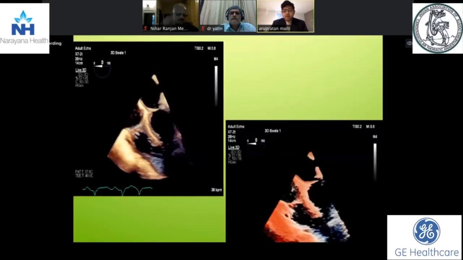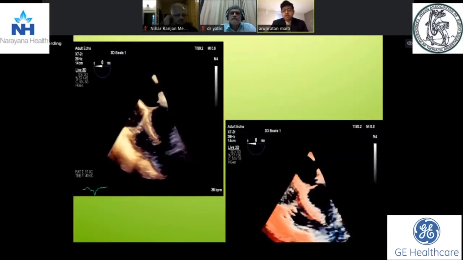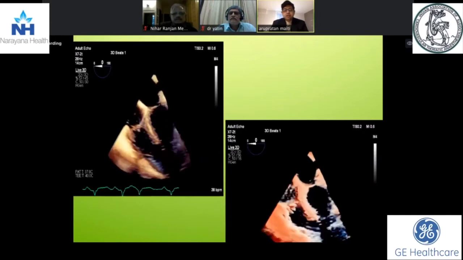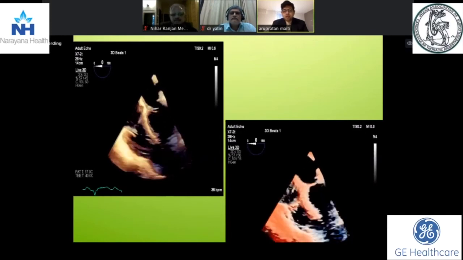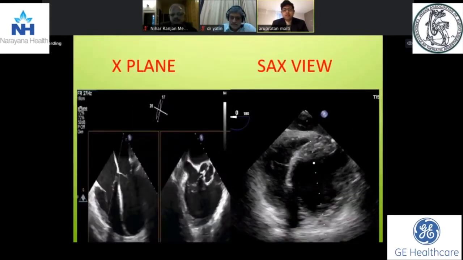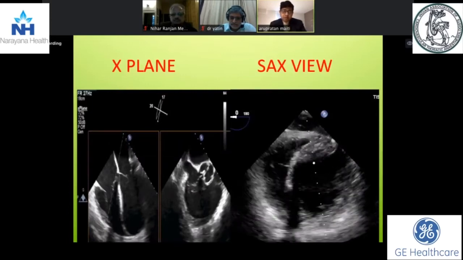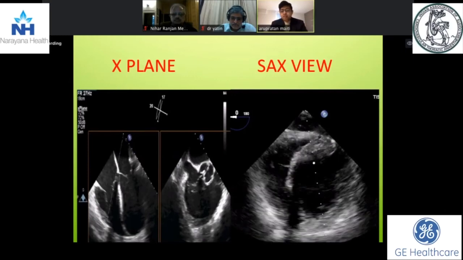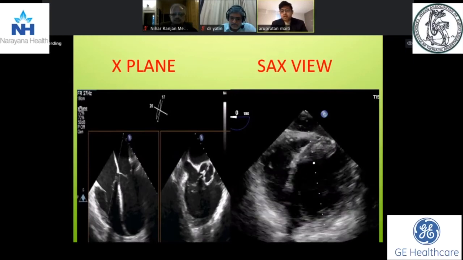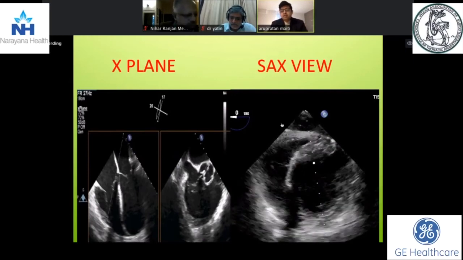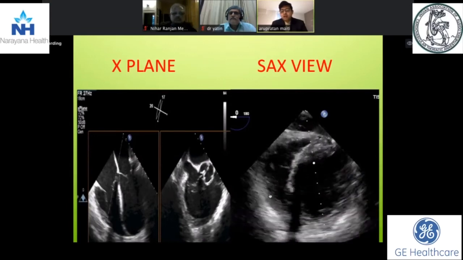And obviously you can use 3D for a better assessment of RV contractility. It is a very good mode to look at different angles from different planes, and the short axis view gives you an idea about the contractility of the RV along with its size.